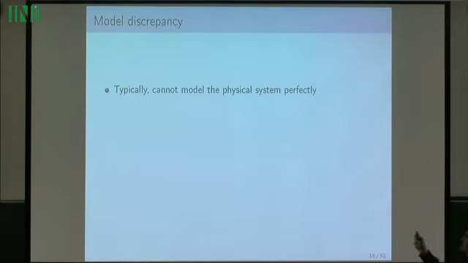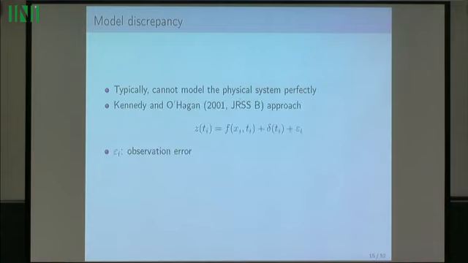Right, then we've got this problem of model discrepancy, where we don't believe that our computer model is describing the physical system perfectly. And this is what I'm going to be talking about from now on when I talk about the Bayesian calibration approach, where we're going to introduce this extra term. So we're now going to link our model to our observation.